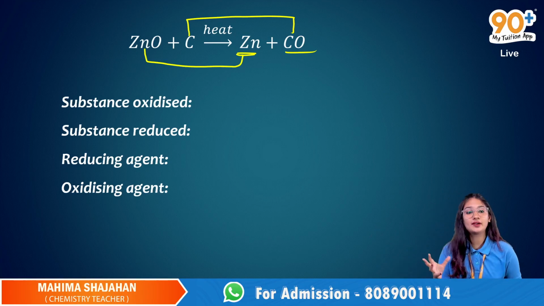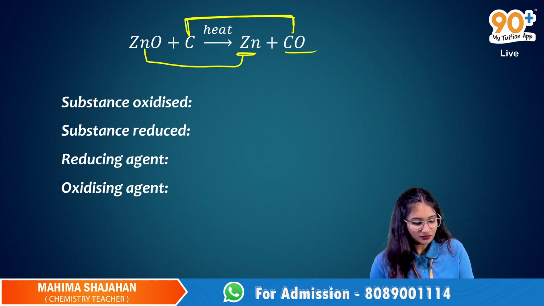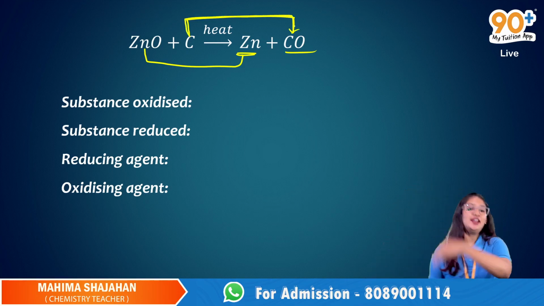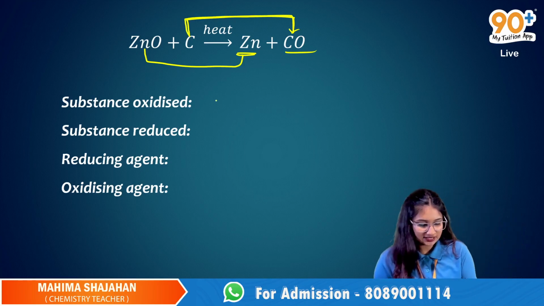What about carbon? Carbon had an oxygen added. Now tell me the substance that is oxidized. It is carbon, right? For carbon, an oxygen atom is added to it, giving CO. So the substance oxidized will be carbon.